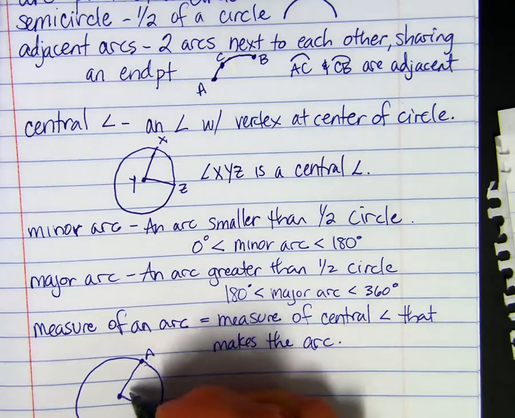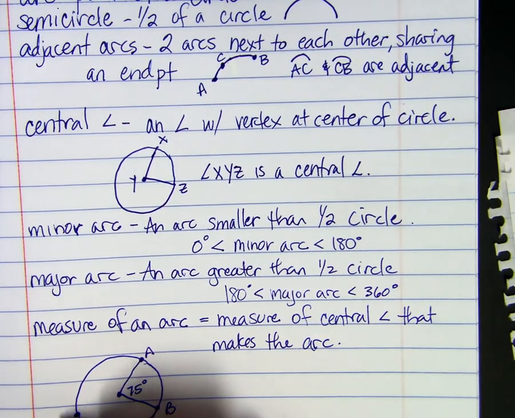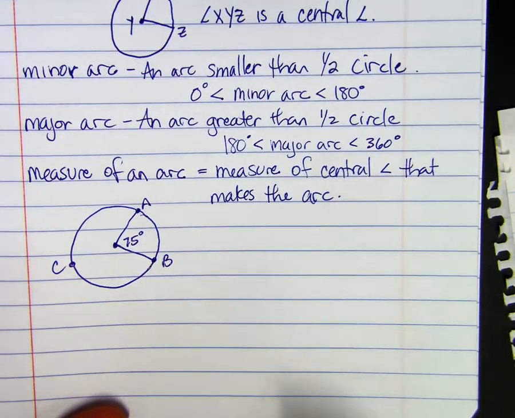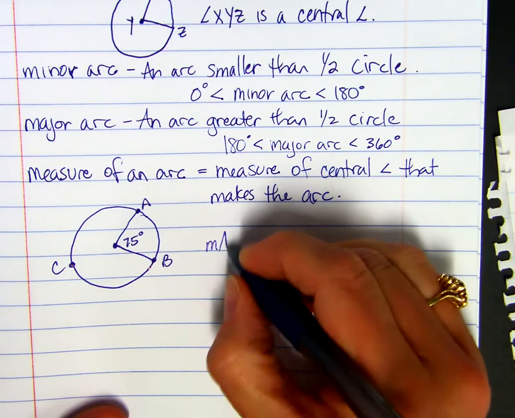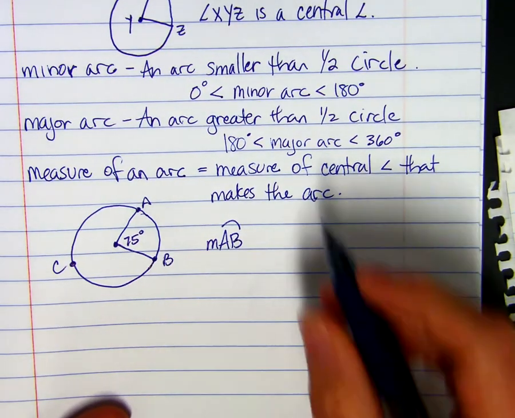It looks more like 90 degrees. Okay, so let's see. The measure of arc AB is going to be 75 degrees.